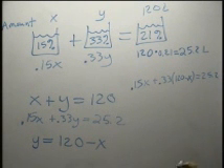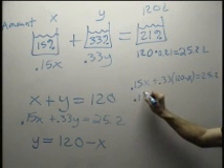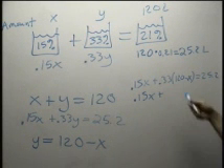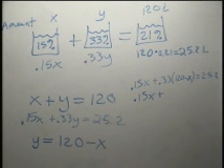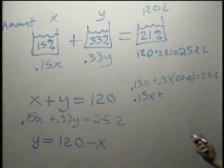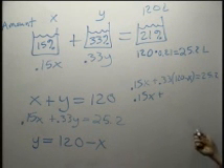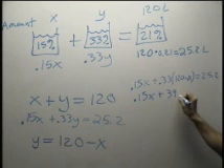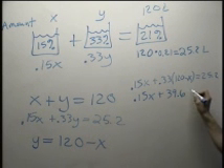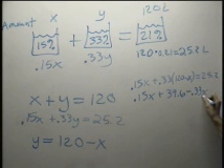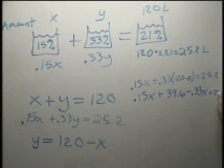I go through and solve it. So 0.15x plus, I'm going to have to distribute my 0.33. Okay, so 0.33 times 120 is going to be 39.6 minus 0.33 times x is still going to be 25.2.